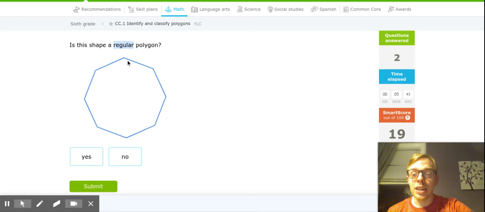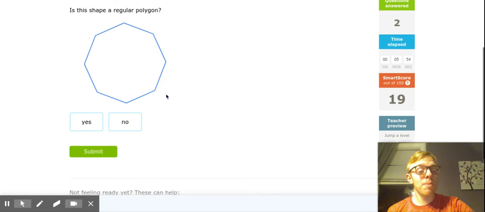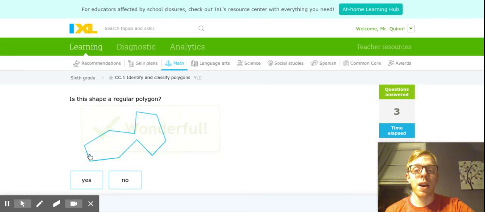That means that each one of these angles, this one, this one, this one, and all the way around have to be the same measurement, and all of the lengths of my sides have to be the same. Now, we don't have a ruler to measure with, so we just have to do our best estimating. But if you look at this shape, hopefully you can say to yourself, this shape looks like all the sides are the same length. So I'm going to say that yes, this is a regular polygon.